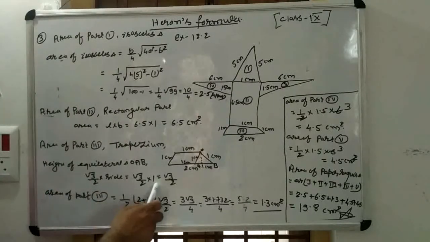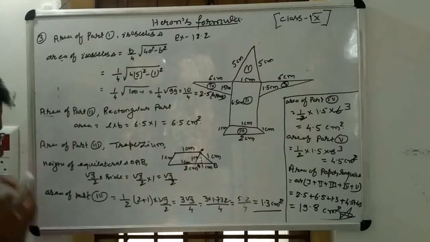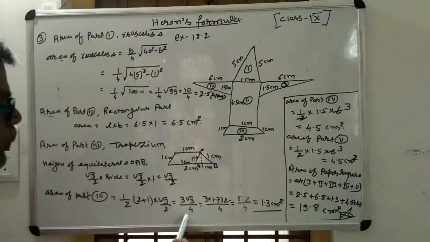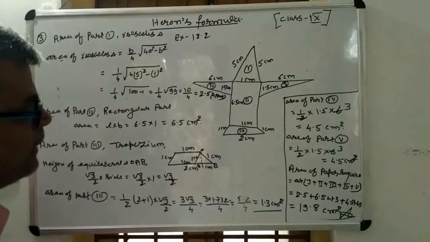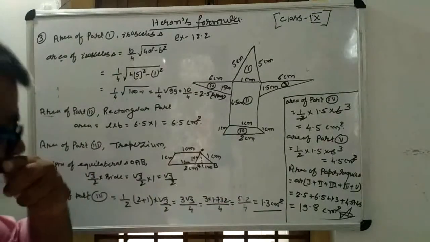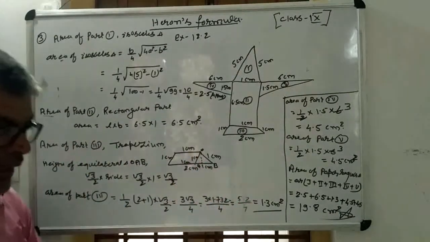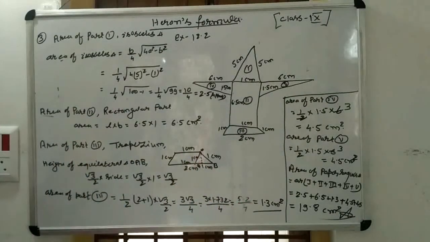That is root 3 by 2 into 1, that is root 3 by 2. And now the area of the trapezium, applying the formula, half into sum of parallel sides into distance between them. That is 3 root 3 by 4. 3 into 1.732 by 4, which is 5.2 by 4, which is 1.3 approx centimeter square.